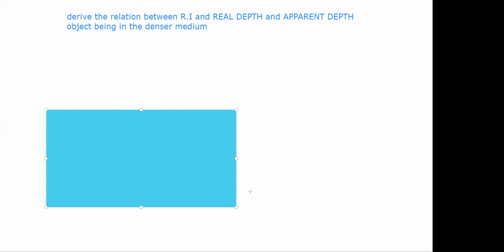This is the solid, it is the denser medium, glass of water. You can take anything here. And then I mark an object here at the bottom. I mark an object. Okay, and this depth is the real depth.